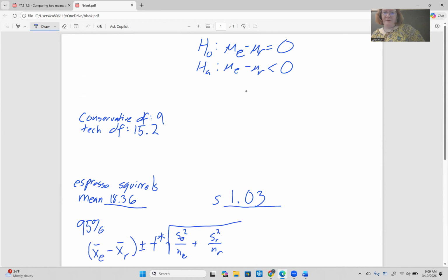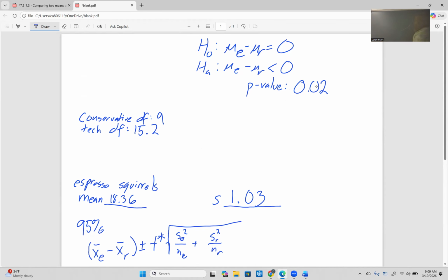And I'll just ask, what p-value do we get, if anyone got that? To my knowledge, I think some of these numbers might have been calculated wrong, but it should be around 0.02.